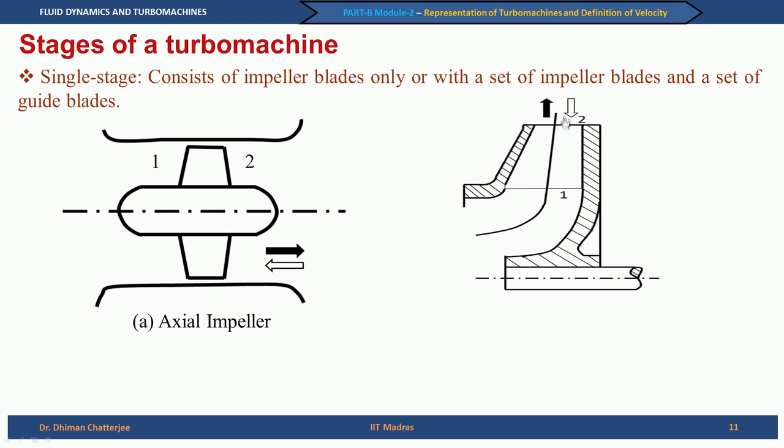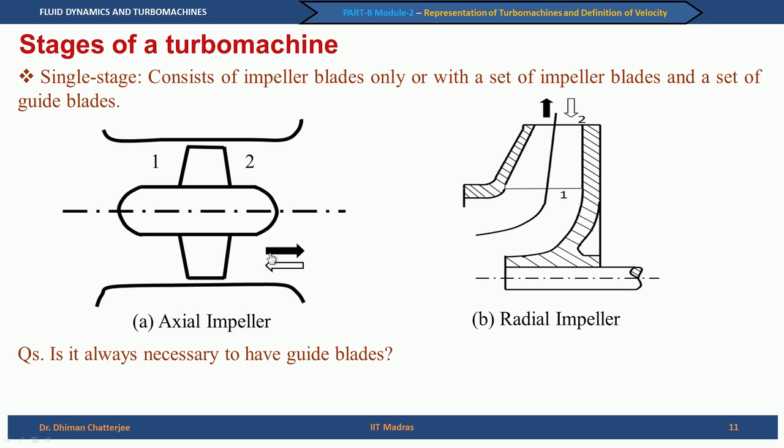So, you go from 1 to 2, you see that the angle is 90 degrees, and you can also notice the flow direction in case of a pump and in case of a turbine. For example, the black filled arrow shows the pump and the other one is for a turbine. So, in case of a pump, the fluid flow goes from a lower radius to a higher radius. In case of a turbine, it is just the reverse, it comes from a higher radius to a lower radius. The reason for this also will become clear in the next lecture.